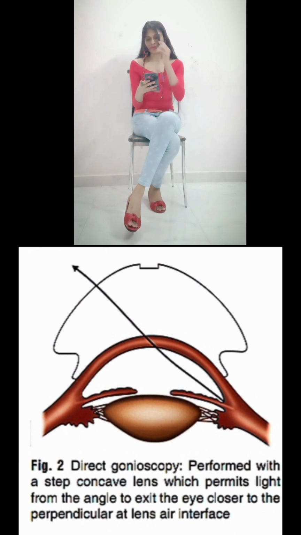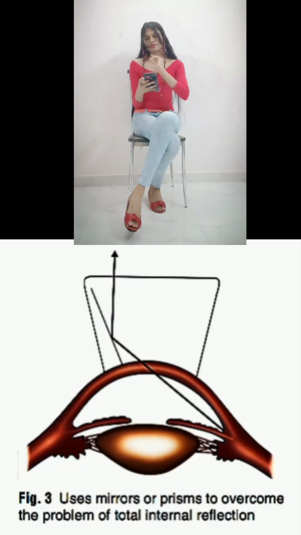Indirect gonioscopy. Now in figure 3, they have explained the principle of indirect gonioscopy. It uses mirrors or prisms to overcome the problem of total internal reflection. Now, indirect gonio lens has got the prism, or we can see the mirror.